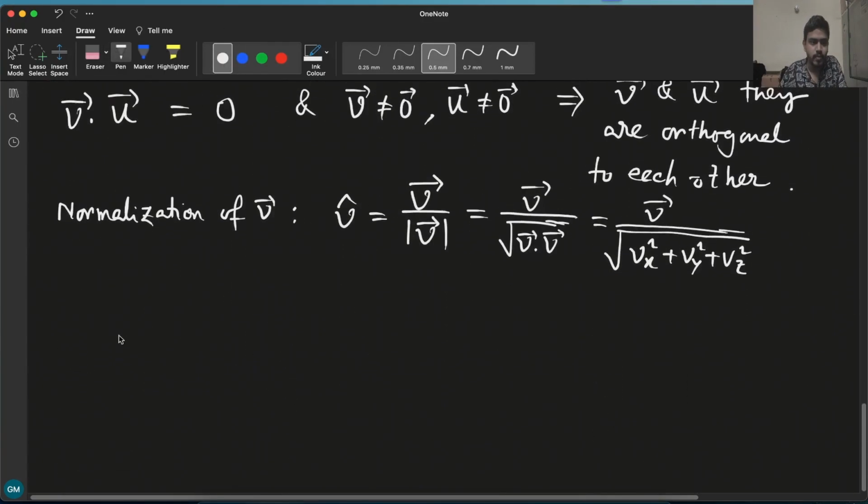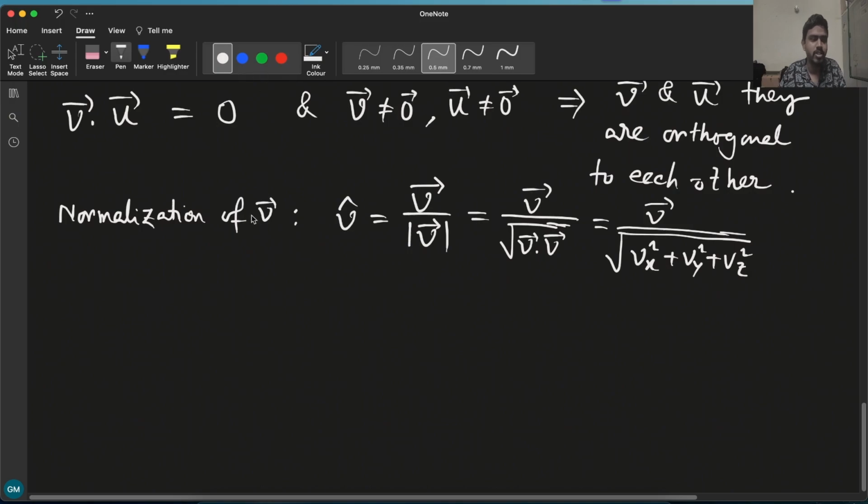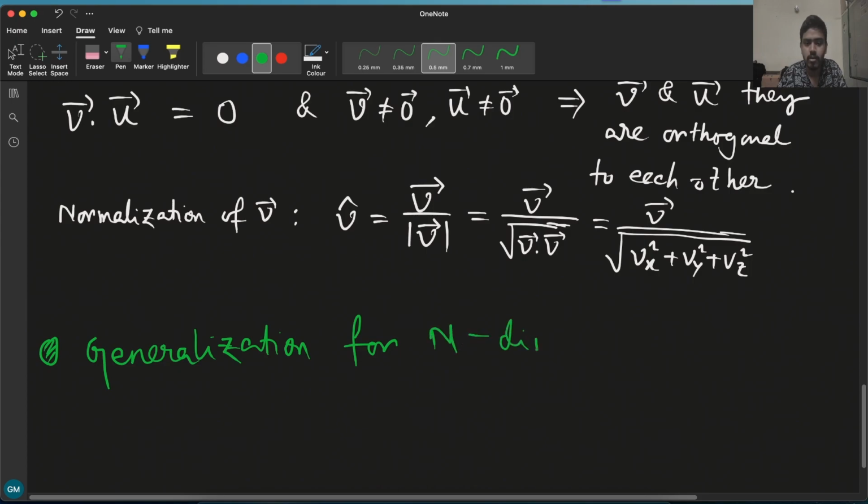So in this case, if I generalize things for n dimension, how do we do that?